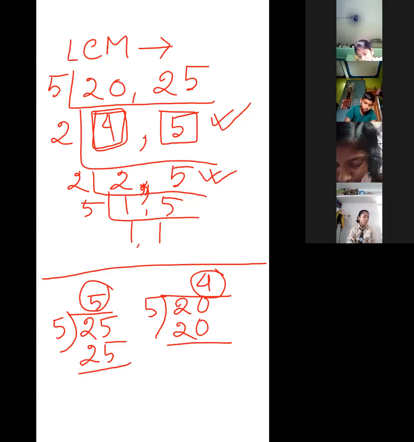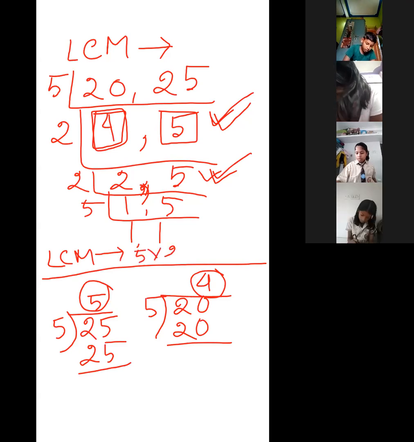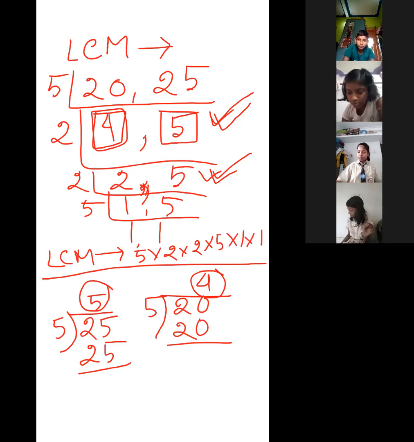Got it? Now write the LCM is, both are correct. If you stop here, then after that you have to multiply. LCM will be 5 into 2 into 2 into 5 into 1 into 1. Now find the answer. What will be the answer? 100.